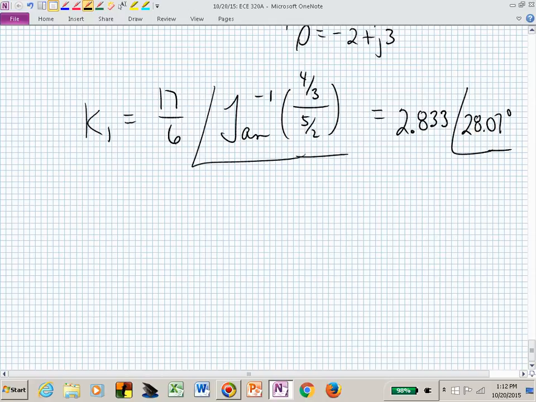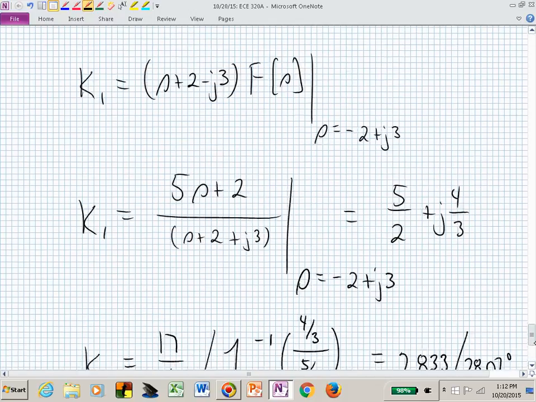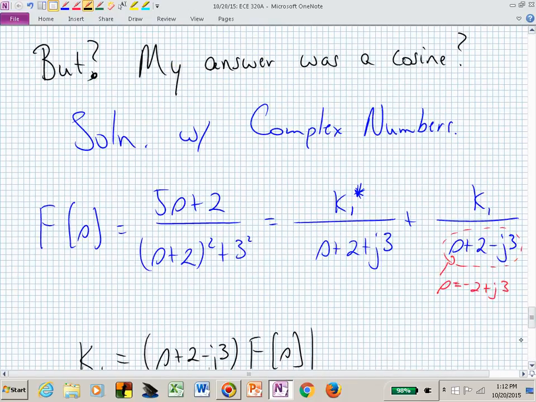Oh, now we need to find f of t. What is this? Can I write it down now that I found K1, or do I need to find K1 star? I have K1 star, don't I? It's just the conjugate of K1.